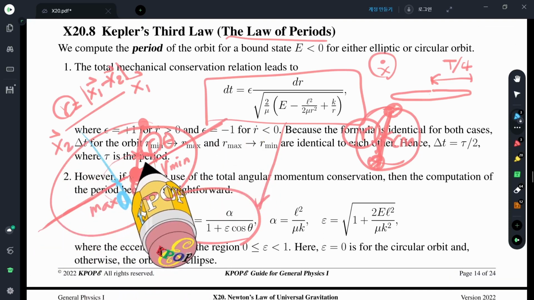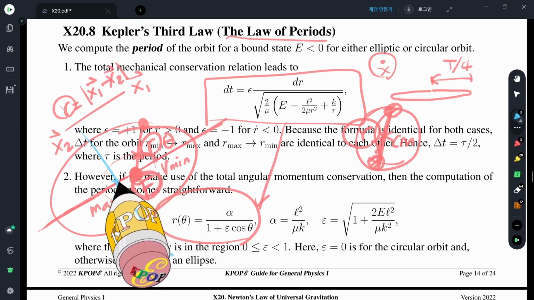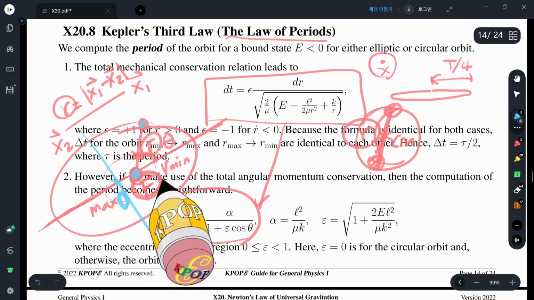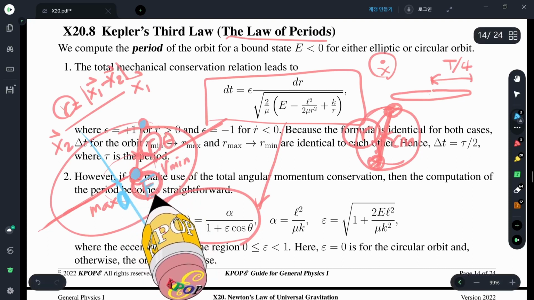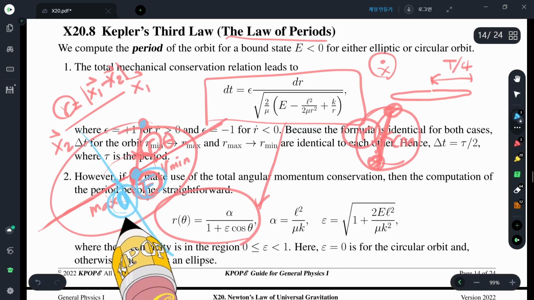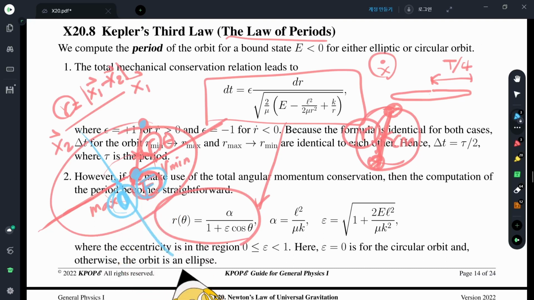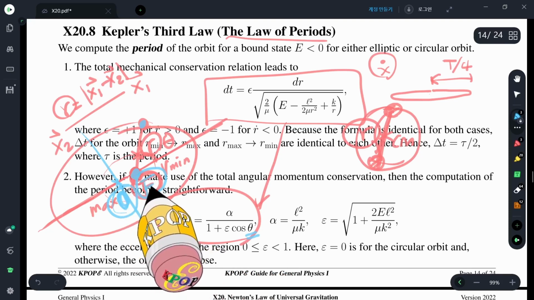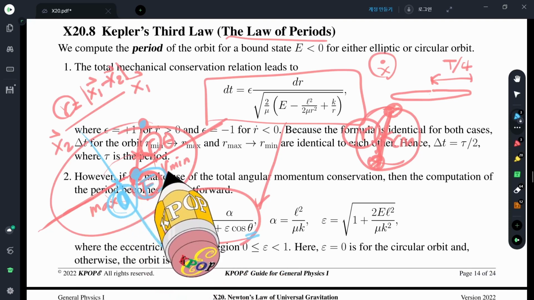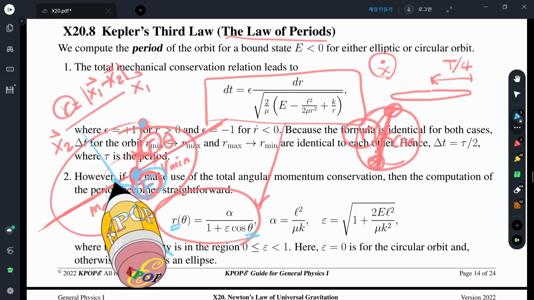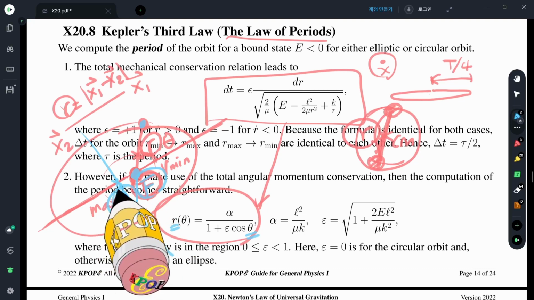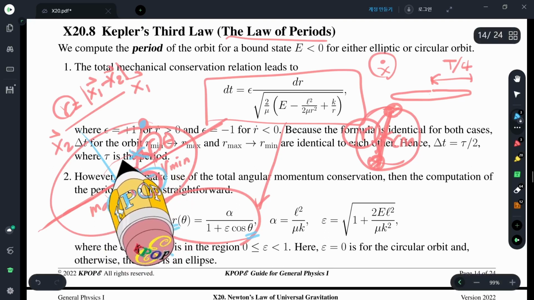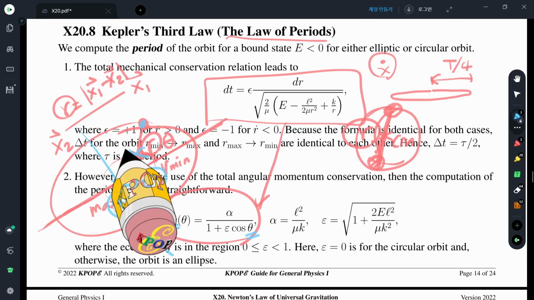However, the r is not measured from the origin but from one particle to the other particle, and a particle is at the focus, not at the origin. That's quite important. So this theta and r are measured from the focus. That's very important. It's not measured with respect to the center. And the center of mass is still moving in this reference frame.